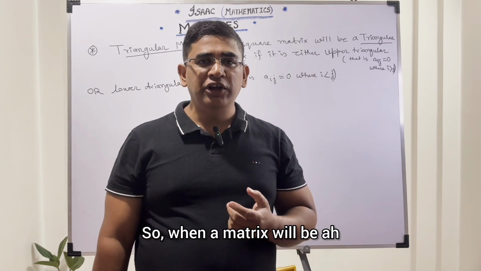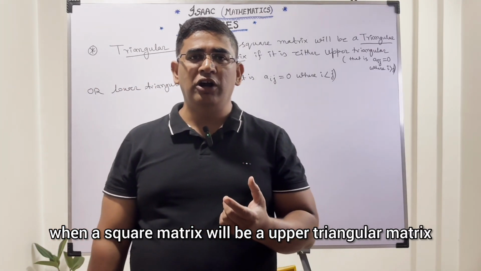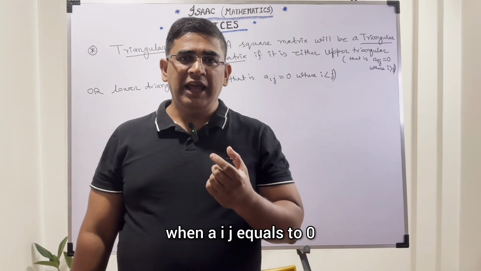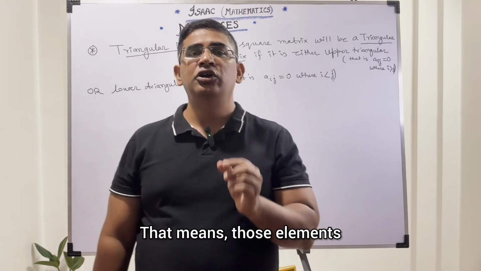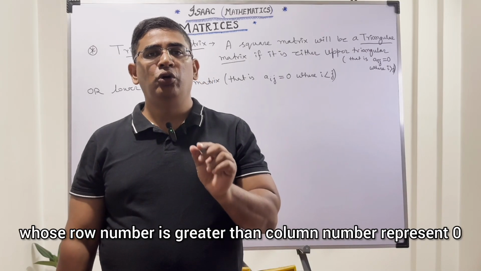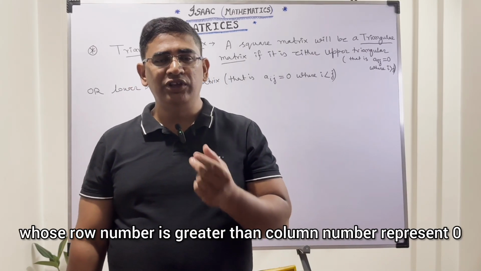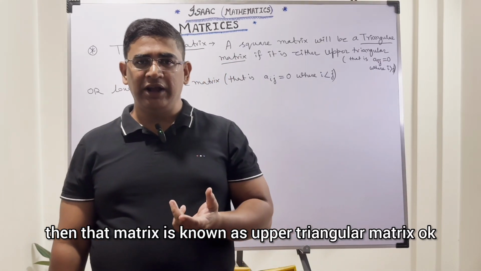So a square matrix will be an upper triangular matrix when aij equals 0 where i is greater than j. That means those elements whose row number is greater than column number are 0, then that matrix is known as upper triangular matrix.